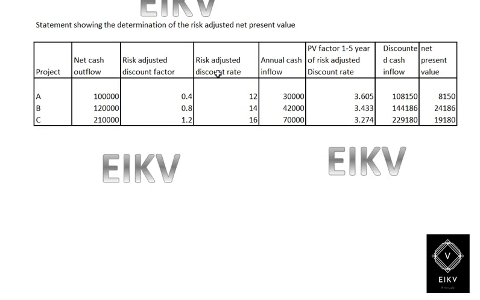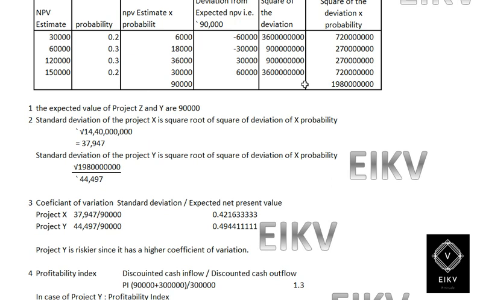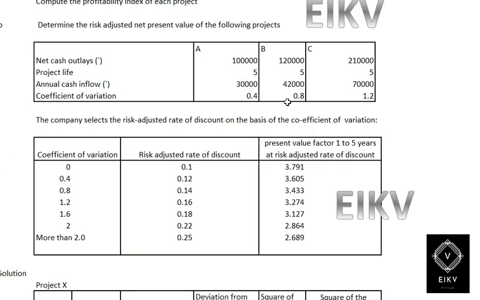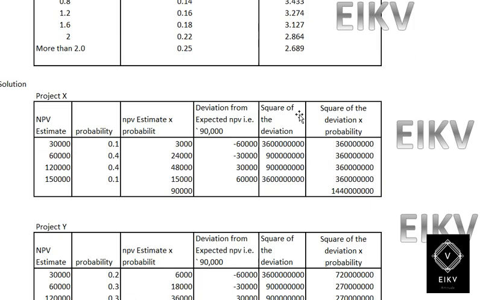So we have written here 12, 14 and 16 percent. After that, from the question, the cash inflow is 30,000, 42,000 and 72,000 respectively.